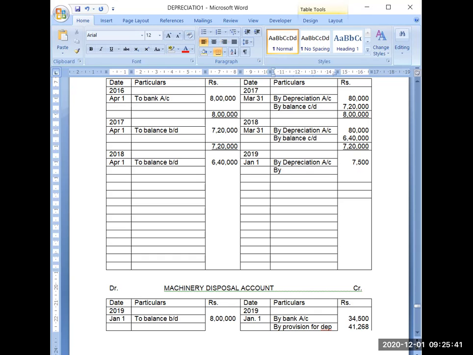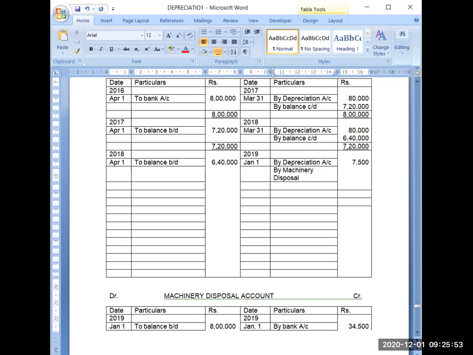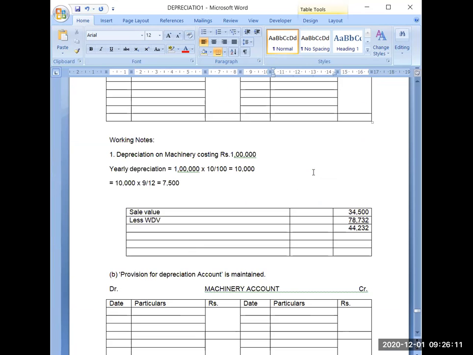So here we will write by machinery disposal account. Now when I want to transfer it to machinery disposal account, I will first calculate its written down value on January 1 that I need to transfer from here. So I will make a working note here.